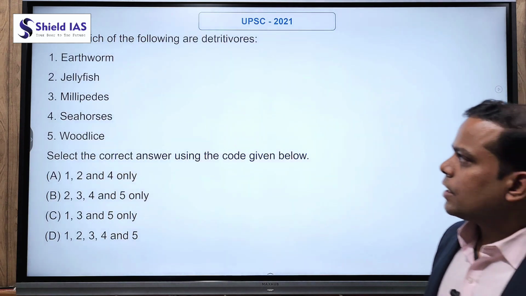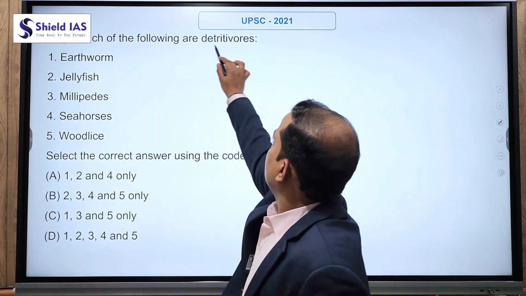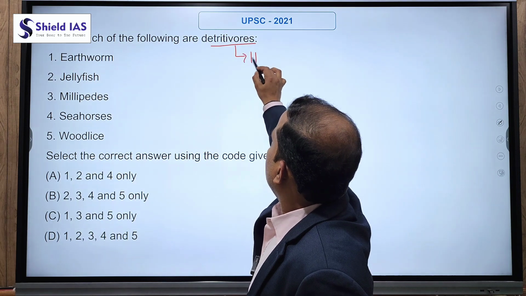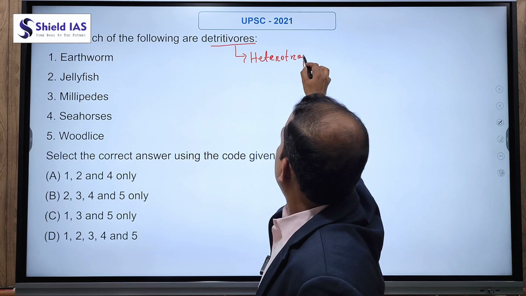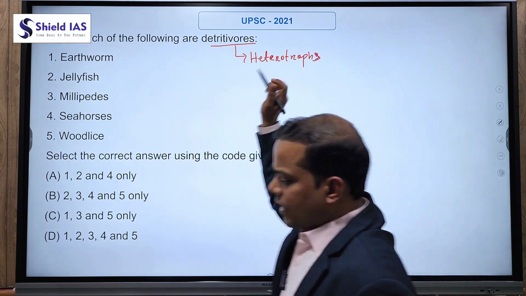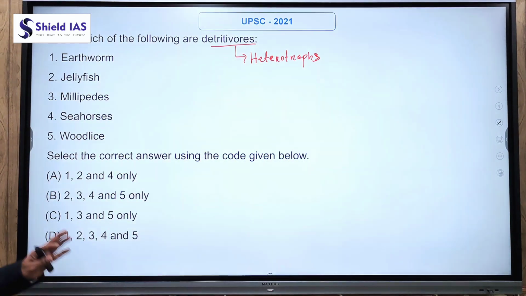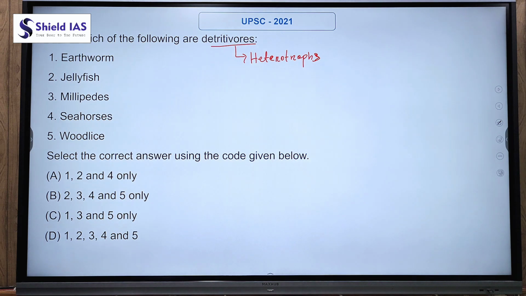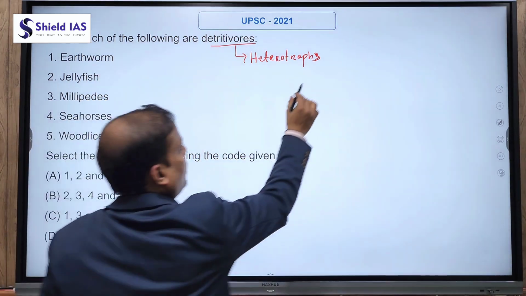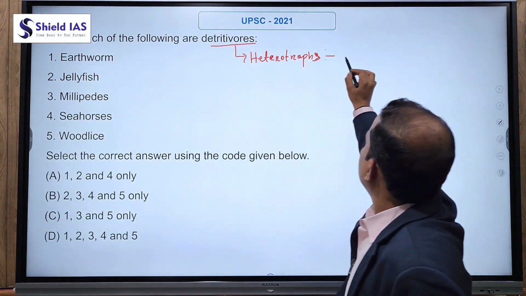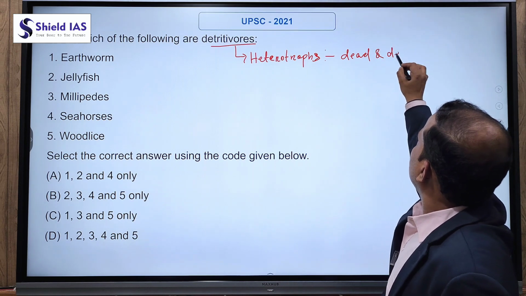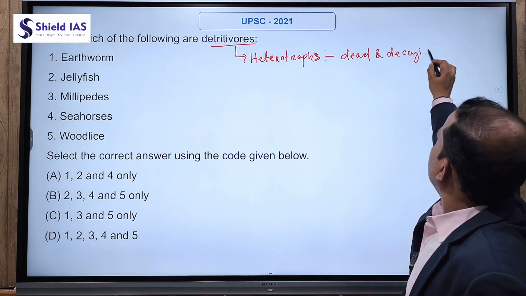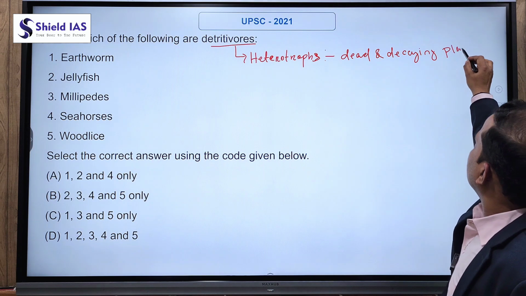Now the next question says, which one of the following are detritivorous? So detritivores are heterotrophs, and these heterotrophs get nutrition by feeding on detritus, meaning dead and decaying plants and animals.